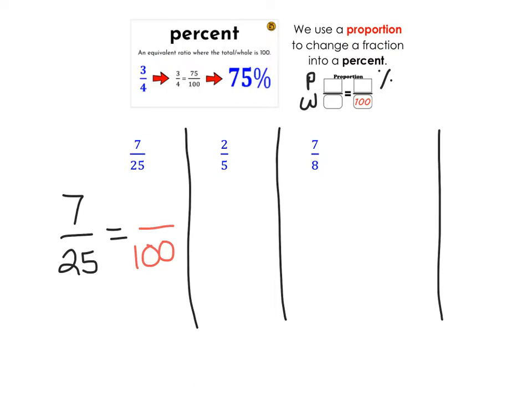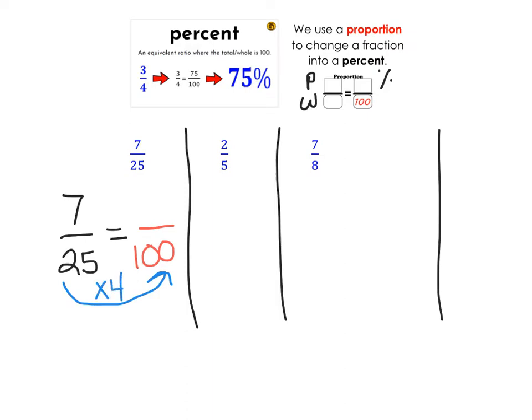Now, remember, we can use scale factor here, or we can use the bat and ball method, which is really just cross multiplying. Here we do have a nice scale factor, so let's go ahead and use scale factor. We can ask ourselves, how do we get from 25 to 100? And we get from 25 to 100 by multiplying by 4.